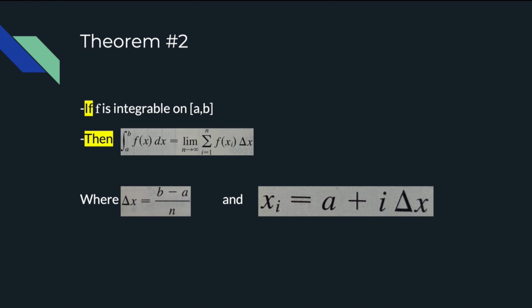So what the theorem is saying is that if f is integrable on a and b, then the integral equals the Riemann sum, where delta x equals b minus a over n, which is the change in x, and x sub i equals a plus i delta x.